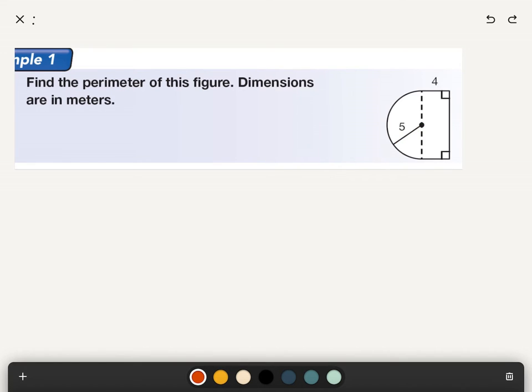Just for starters, let's think of how you would figure out the perimeter of half a circle, otherwise known as a semicircle. So we're looking at half of the circumference. Don't worry, this is just as obvious as it looks. So how would we find that?